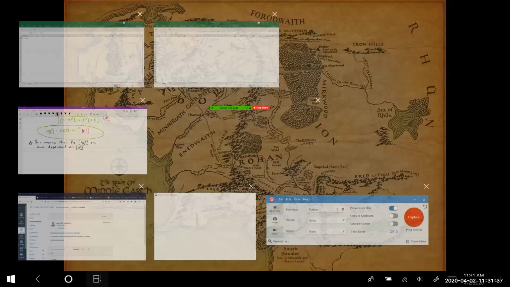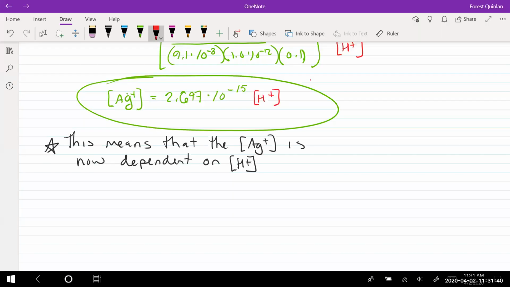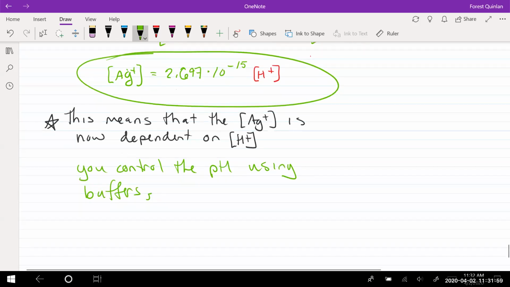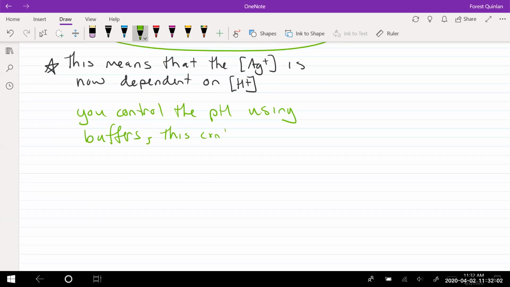But anyway, what you do is you control the pH using buffers. This controls the H+ concentration, which controls the concentration of the silver.